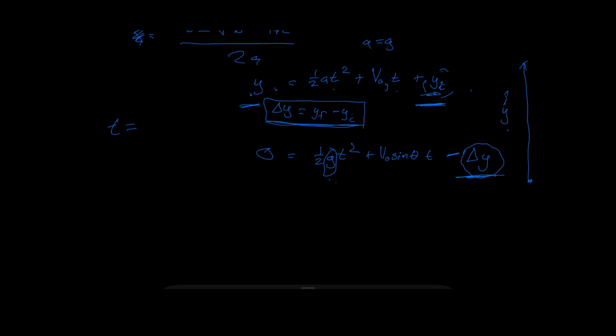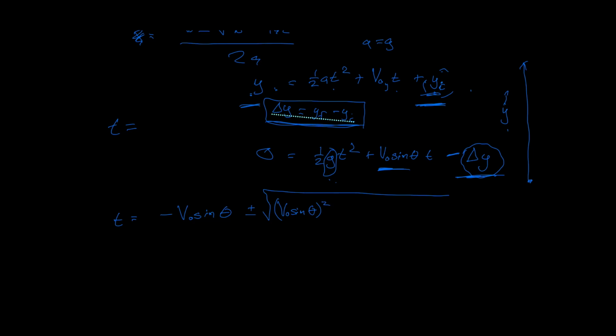Okay, so now t equals negative, this is our b, negative v naught sine theta. Some of you did not get this negative sign on there. Plus or minus the square root of b squared, so v naught sine theta squared, minus 4 times a, so this is 2g, times c, which is minus again delta y.